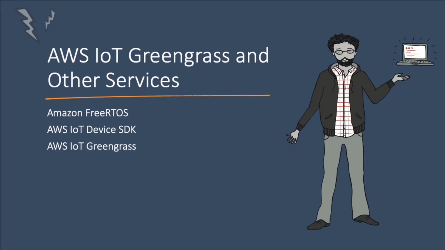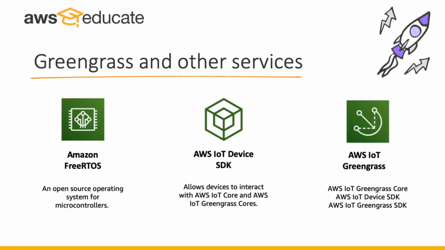Now that we understand the basics of AWS IoT Core, let's also look at some other services that AWS provides, such as Amazon FreeRTOS, AWS IoT Device SDK, and AWS IoT Greengrass. These three services are only a subset of the large number of services on the IoT platform, so let's see what they do.